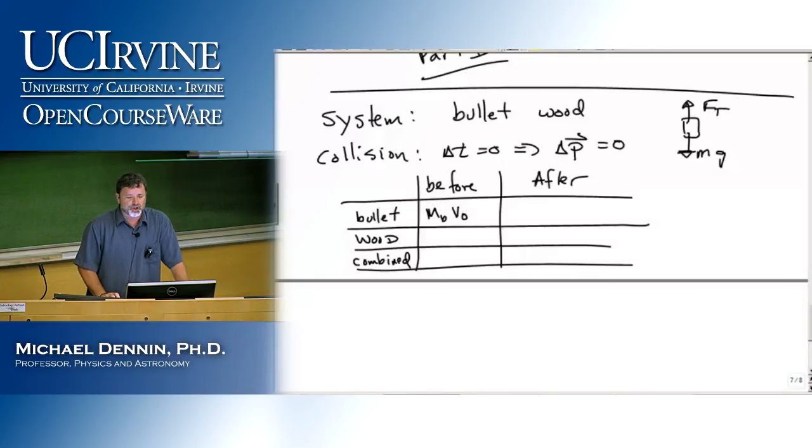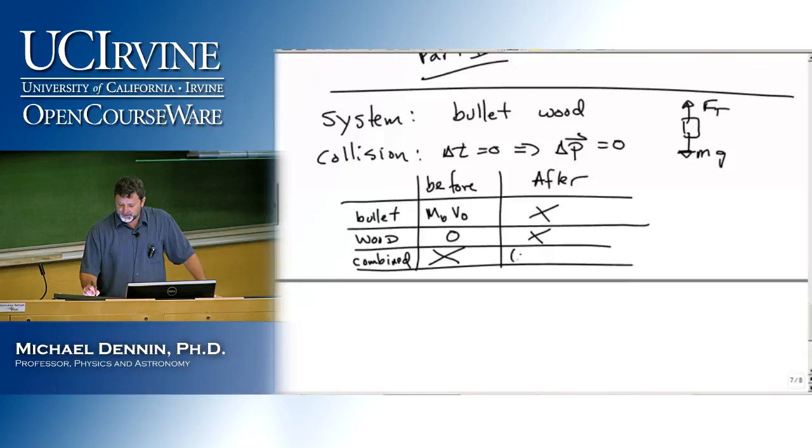What is the initial momentum of the wood? The wood being our metal cylinder down there. That's 0. What's the combined momentum initially? Well, it's really just those 2 added together. Or you can think of it as not really relevant because it's not combined initially, right? And at the end, those don't really exist.